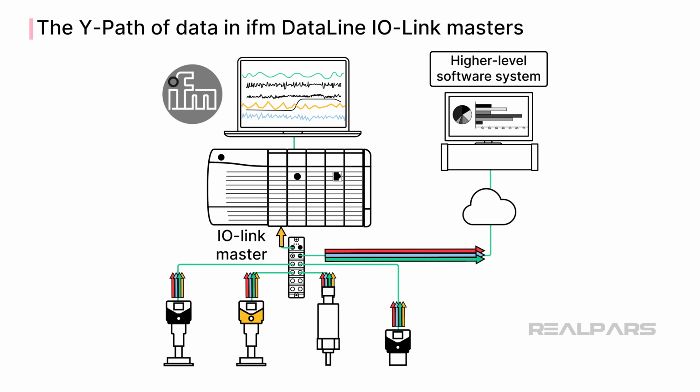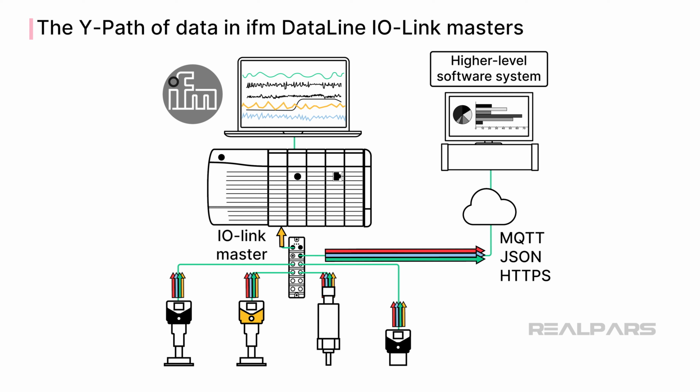Manufacturing companies can send data directly from an IO-Link Master to higher-level software systems using modern communication protocols such as MQTT, JSON, and HTTPS for storage and analysis. Basically, companies can unlock their machine's data to create value that was previously unimaginable.